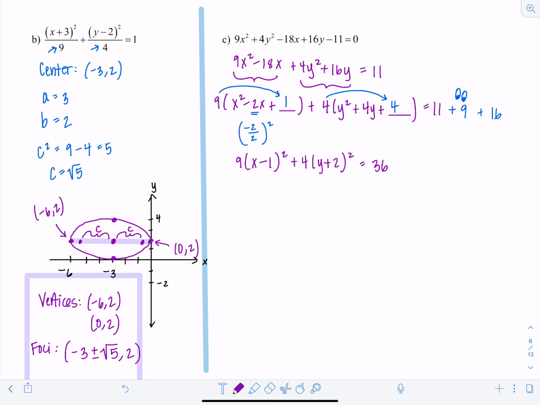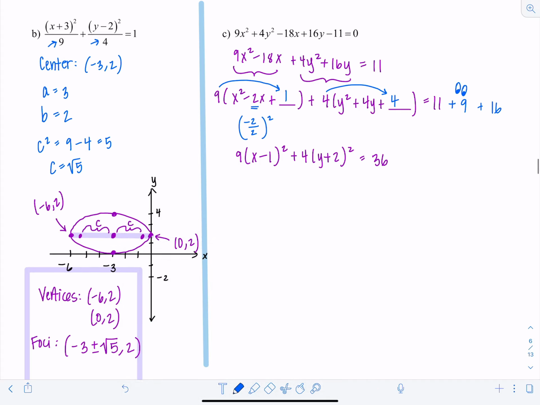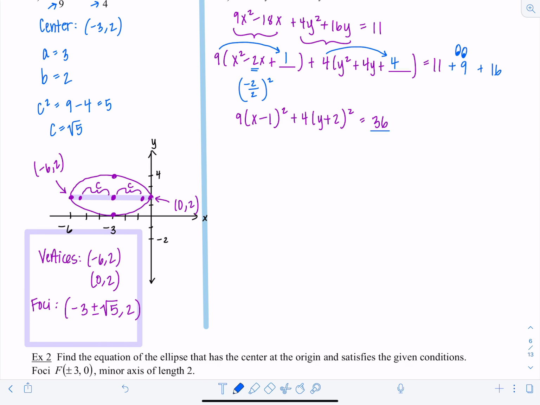And then remember, you always have to have your equation equal to 1. So the next step is I'm going to divide by 36. And when these work out nice, I always go, oh, thank you, whoever wrote this problem. Because look, it's going to come out to be (x minus 1) squared over 4 plus (y plus 2) squared over 9 equals 1. Lovely.